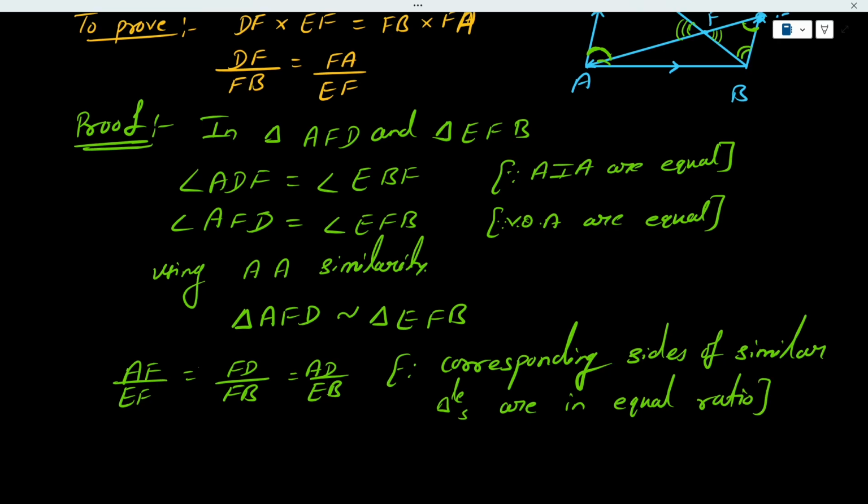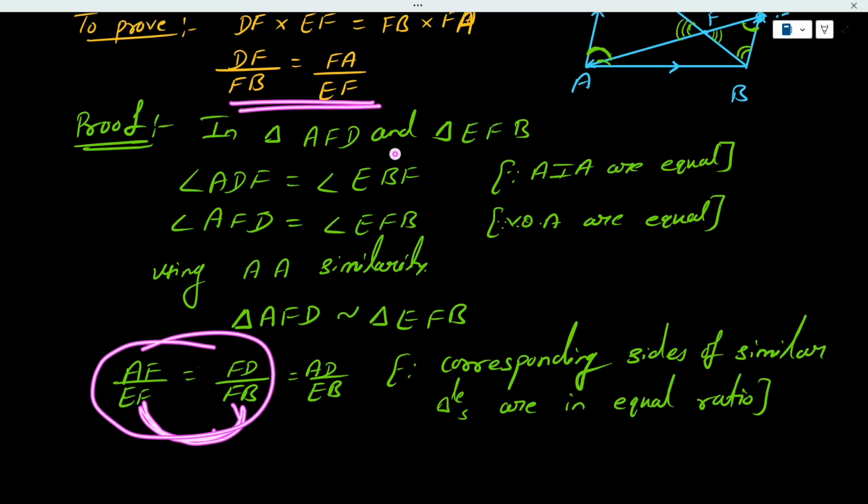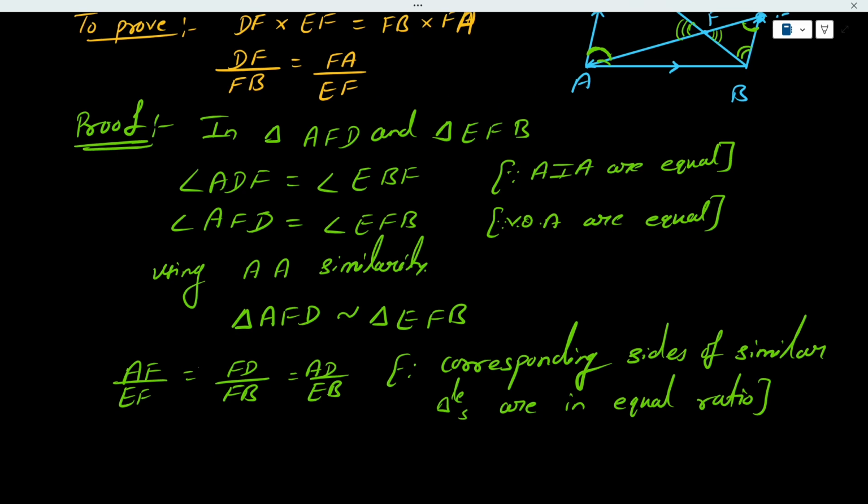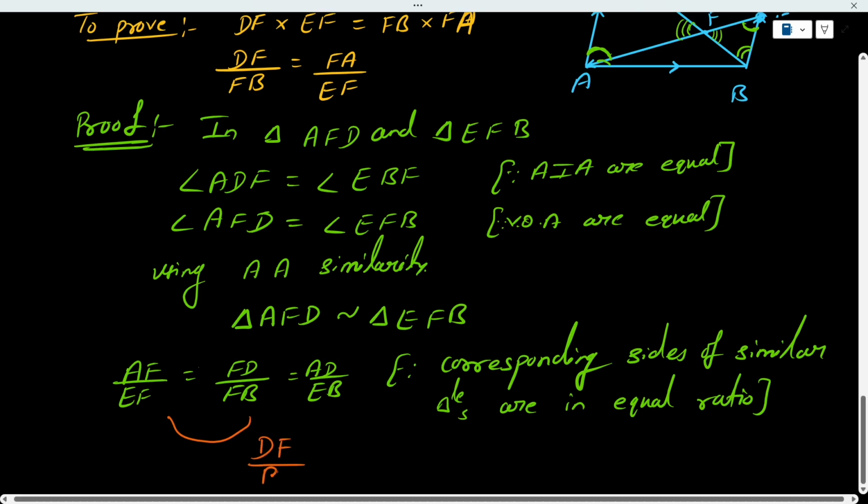Now you will see what is required to prove here. We need DF and FB. Where do you see DF? This is FD, which is nothing but DF by FB is equal to AF. These two we are going to take, right? Because these two we needed to prove. So let us take these two parts. If I take these two, what can I write here? I can rearrange DF by BF or FB, because it's a length now, right?